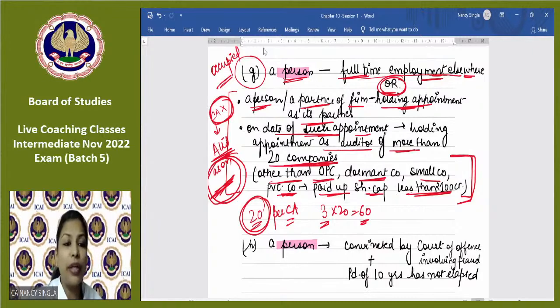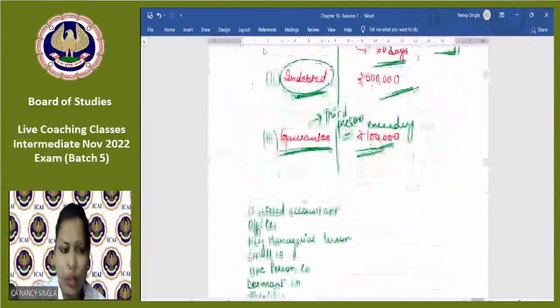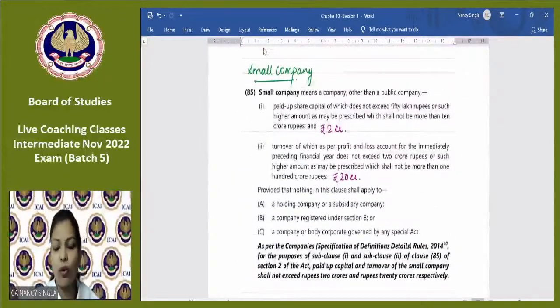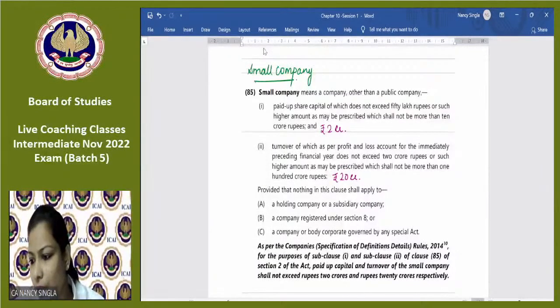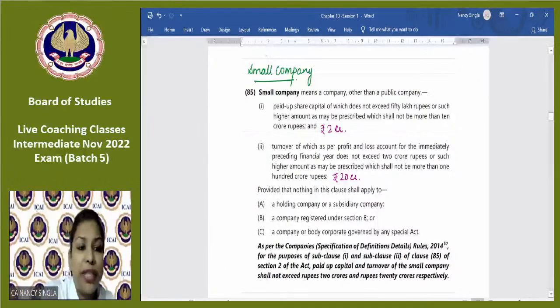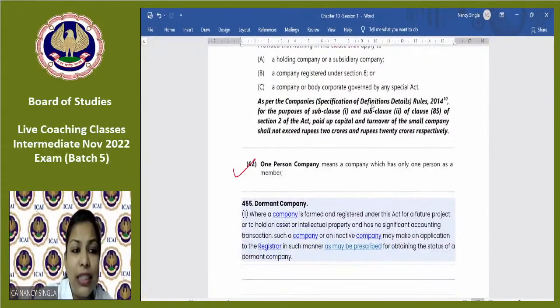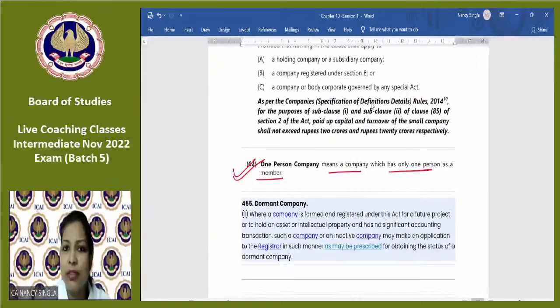Okay? Now, what is a one-person company, dormant company, small company? You all must have done this in your corporate law, but let us just have a quick look at what these companies are. What is a one-person company? One-person company means a company which has only one person as a member. What is a dormant company?